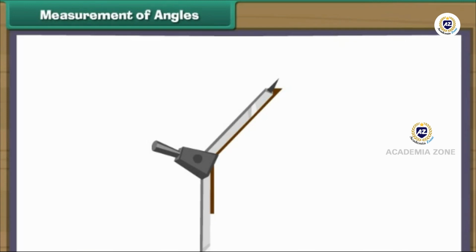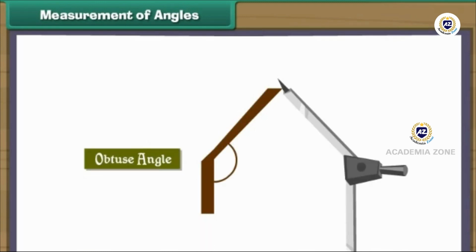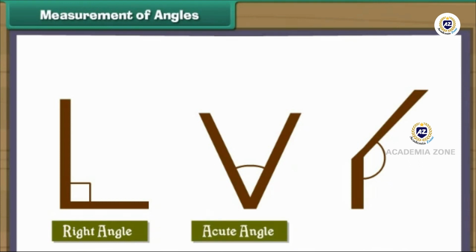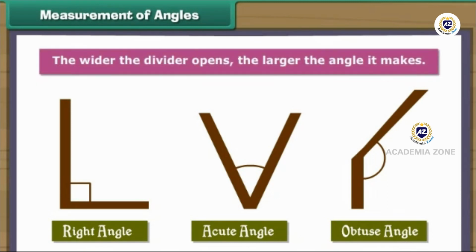It means that the figure makes an angle greater than the right angle, that is, an obtuse angle. Therefore, we can measure a right angle, an acute angle, and an obtuse angle with the help of a divider. The wider the divider opens, the larger the angle it makes.